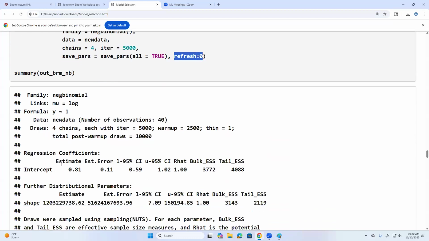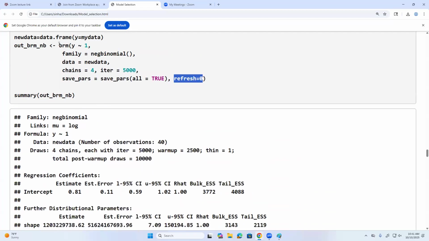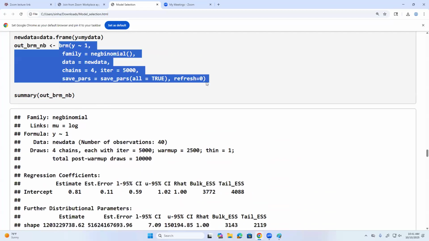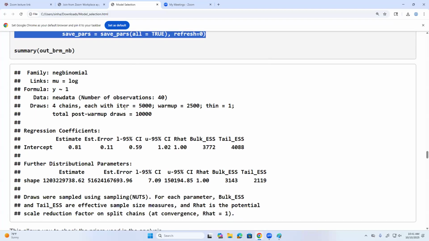Okay, now let me show you what happens. In this code, I did not specify the prior distribution. If you don't specify the prior distribution, the function takes its default prior for delta 0 and the default prior for the shape parameter.